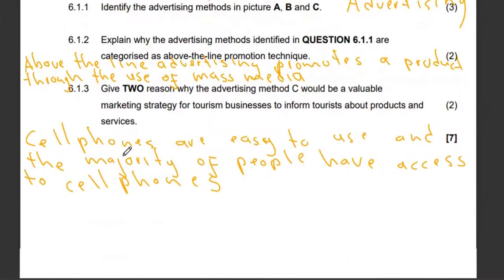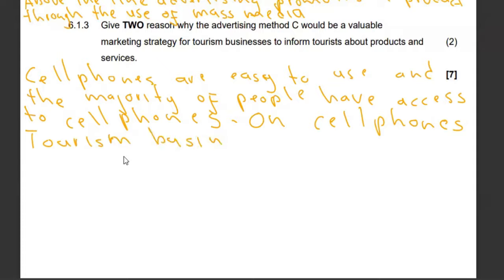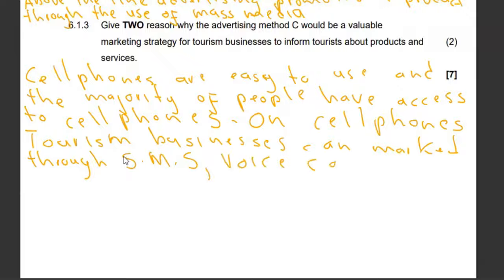In addition to that, what else can we say? We can also say that on cell phones, tourism businesses can market through SMS, voice calls, social media.